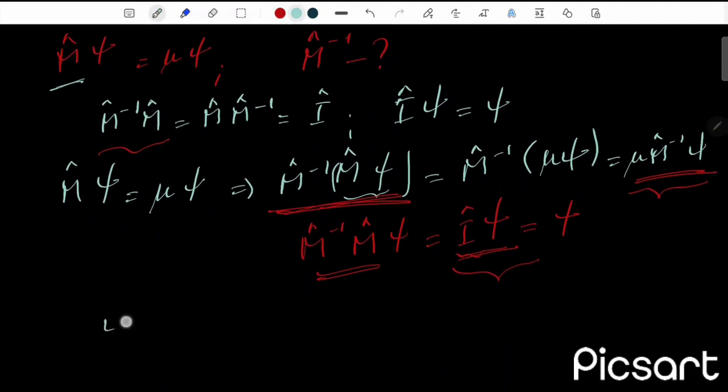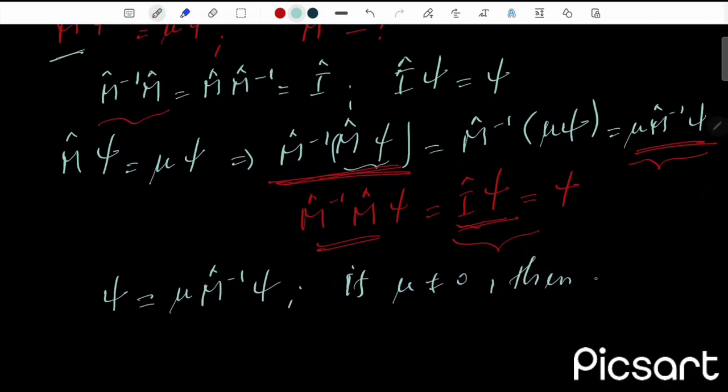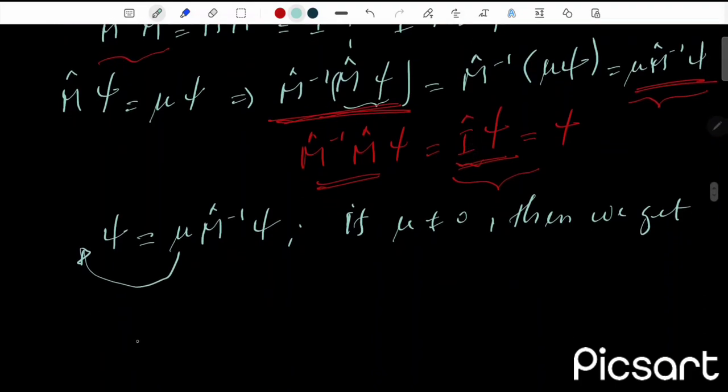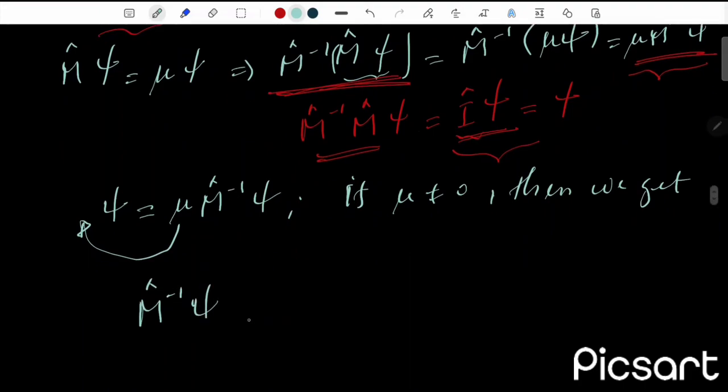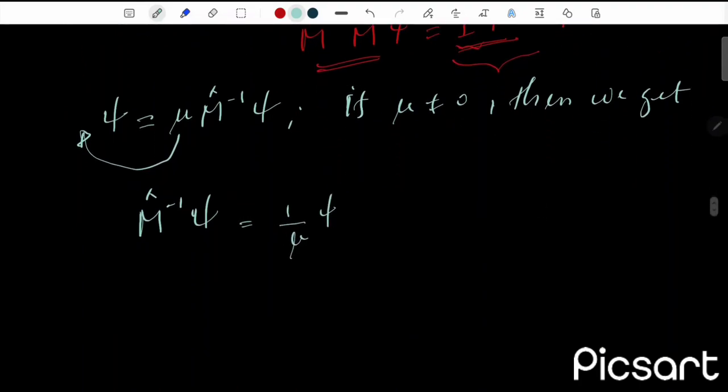We go on saying that then psi is equal to mu times the inverse of M times psi. And also, if mu is different to 0, then we can take this mu to the left hand side, and we get the inverse times psi equal to 1 over mu times psi.